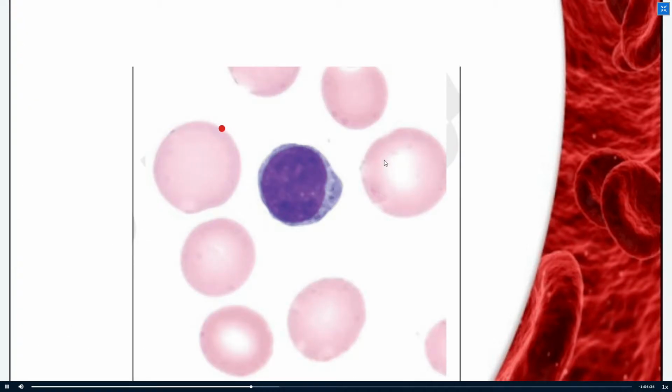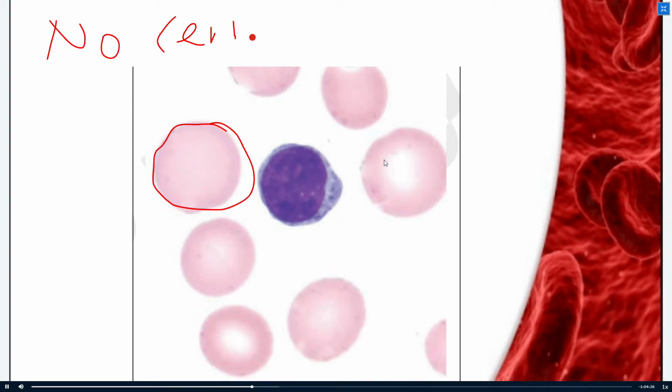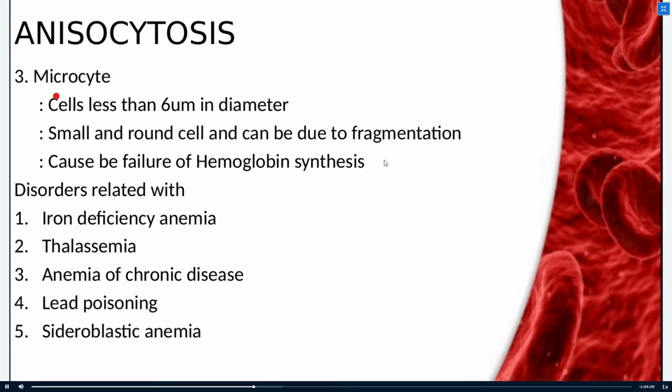So this is the appearance of your macrocyte, class. So this would be your macrocyte. There is no central pallor. Wala na siyang central pallor, class. And the last type of anisocyte, class, would be your microcyte.